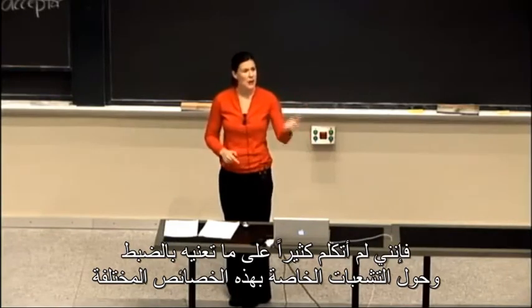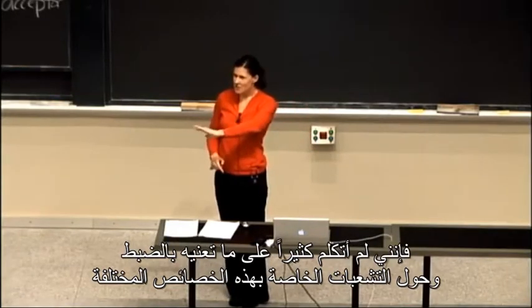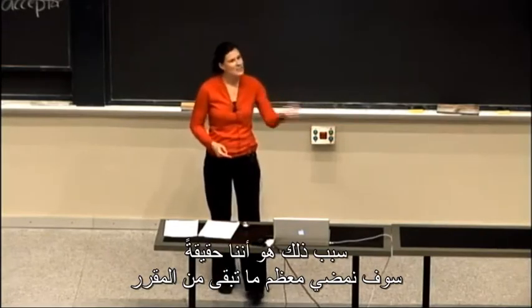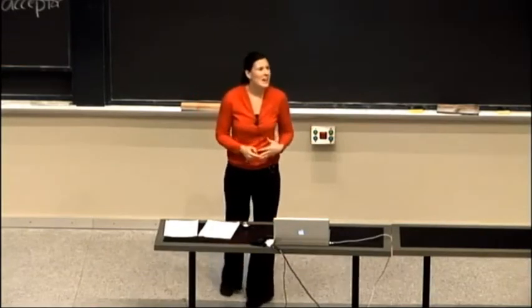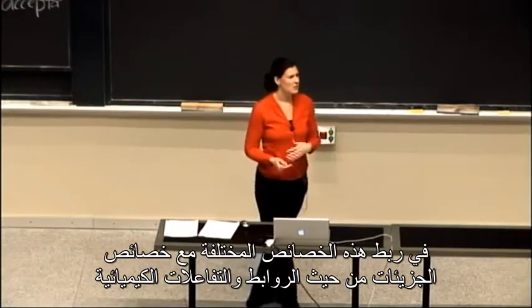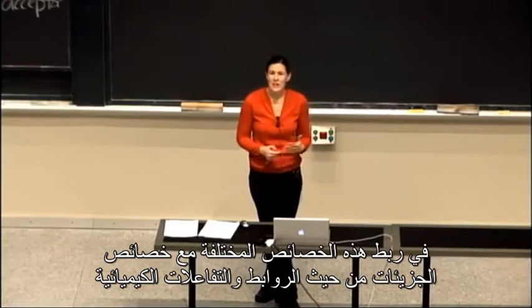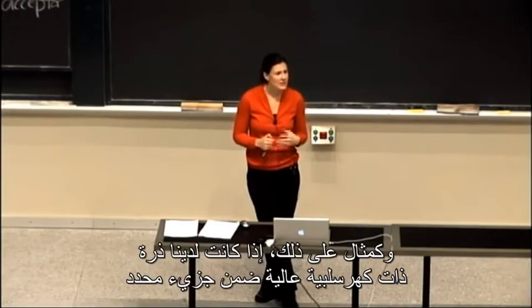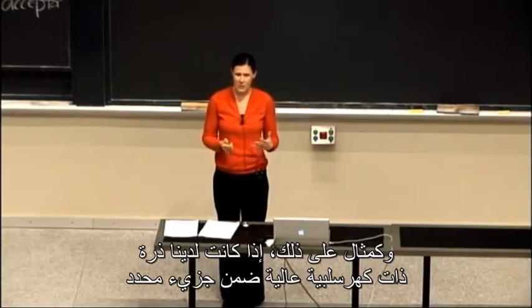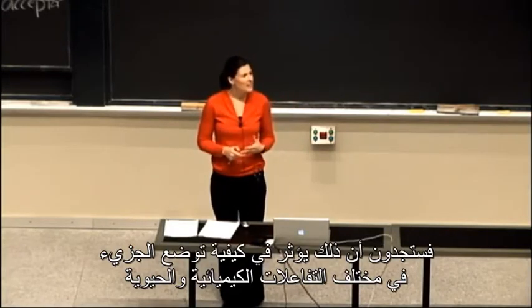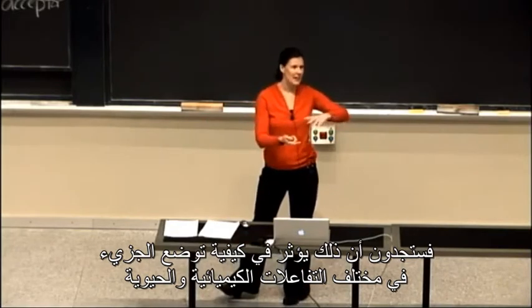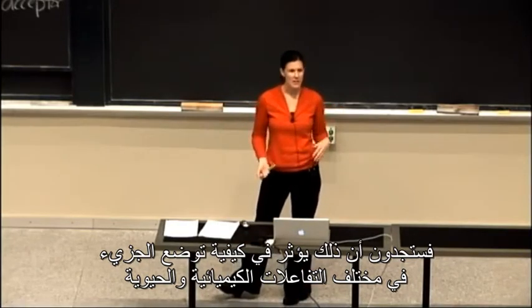What you might have noted is that, although we described how to make predictions about these properties, I didn't talk too much about what it actually means, what the ramifications of these different properties are. The reason is that we're going to spend much of the rest of the course relating these properties to the properties of molecules, in terms of bonding and also chemical reactions. For example, if we have a very electronegative atom within a certain molecule, it does affect how the molecule takes part in different chemical or biological reactions.